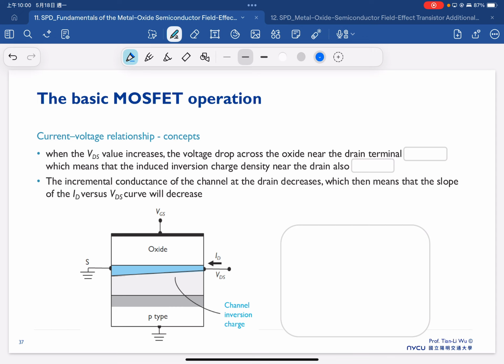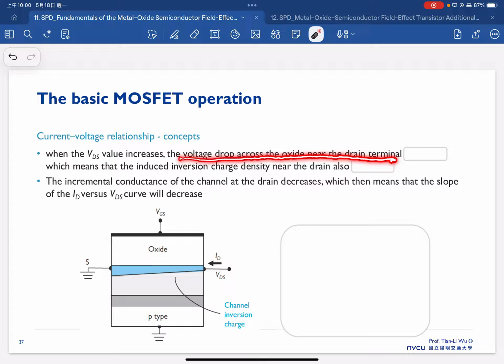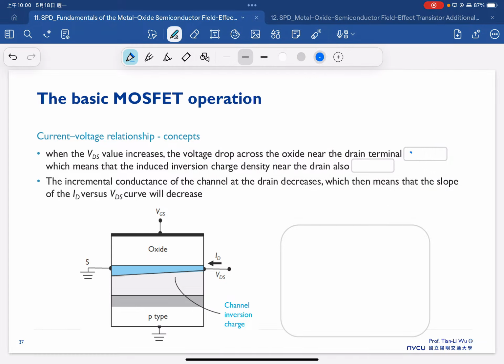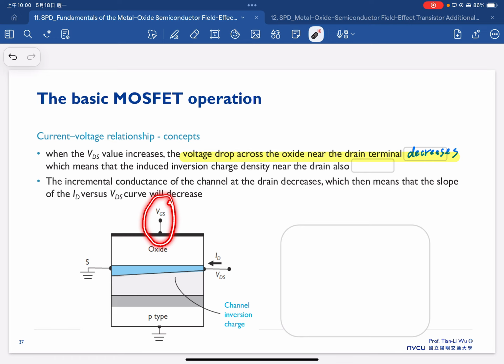So once the VDS value is increased, the voltage drop across the oxide near the drain terminal decreases. Why does it decrease? This is a gate voltage, this is a drain voltage.